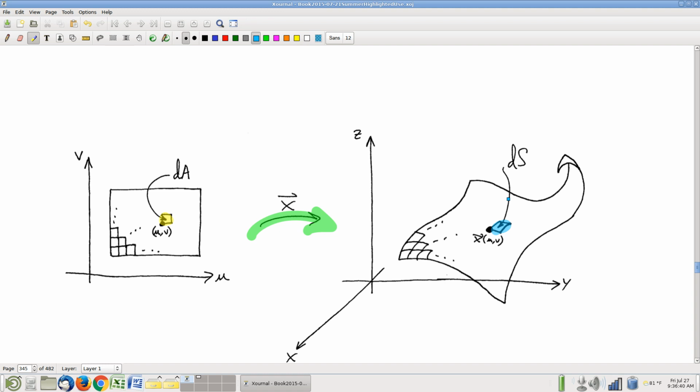This is now a little two-dimensional thing in space, for one thing, which has been stretched out by this parameterization. It's not necessarily a rectangle anymore. And remember, we talked about this with change of variables, that locally, what happens to little displacements?